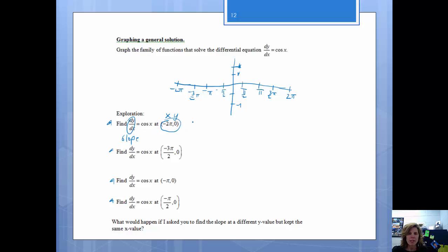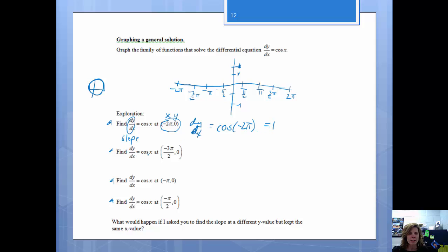Our dy/dx will equal the cosine of negative 2 pi. If you find negative 2 pi on a unit circle, it would just be going clockwise instead of counterclockwise, so it's still going to be right there. The x value there is 1, so that slope is 1.